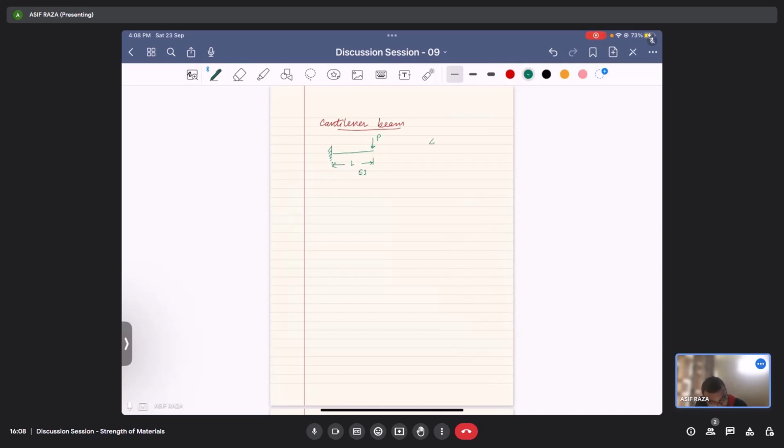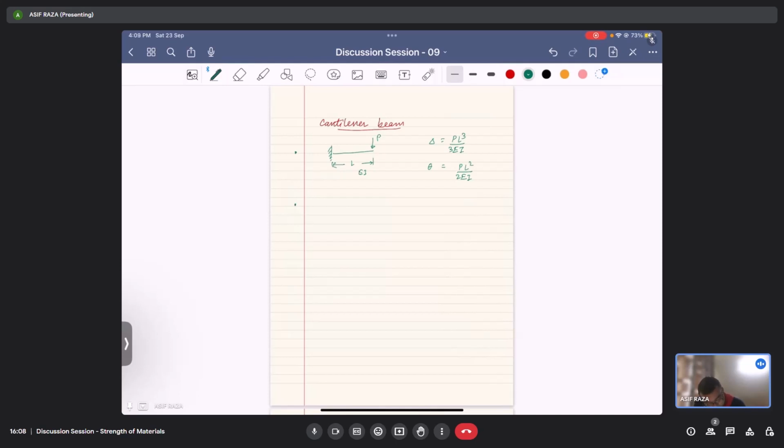The deflection at the free end is equal to PL cube by 3EI, and the slope at the free end is equal to PL square upon 2EI. It's best to remember this, because it would be used quite frequently.